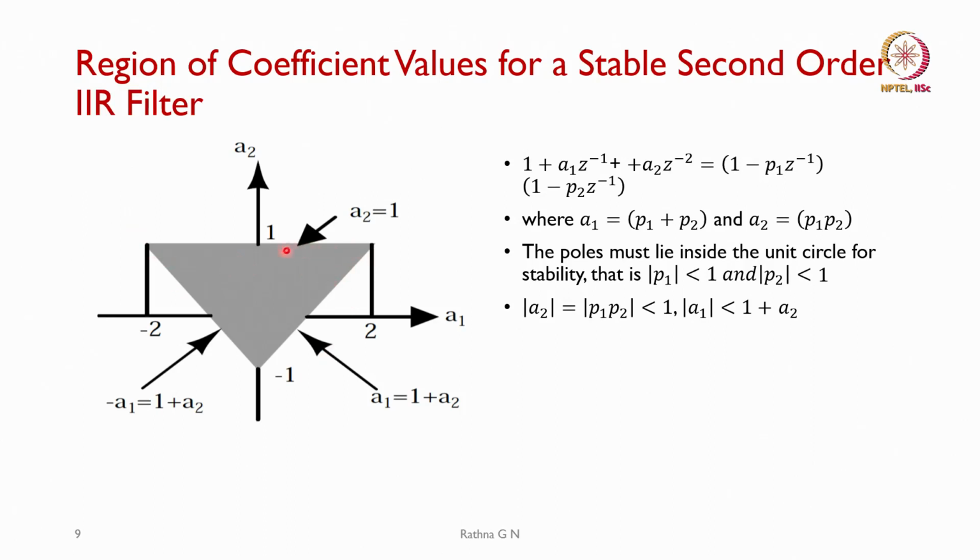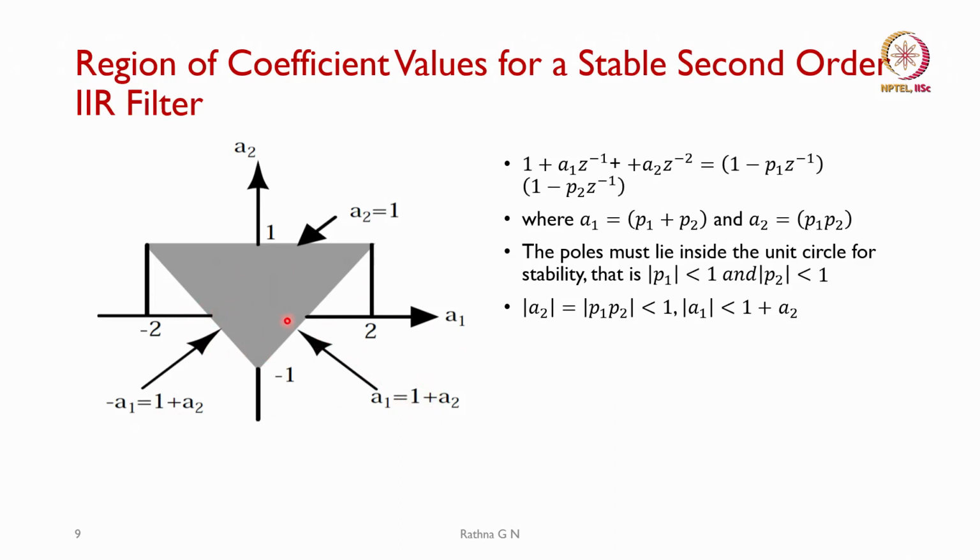We know that 1 is the maximum and then minus 1, and then we have 2 for A1 and minus 2. The rest of the boundaries are represented: minus A1 equal to 1 plus A2 at this location, and A1 equal to 1 plus A2.